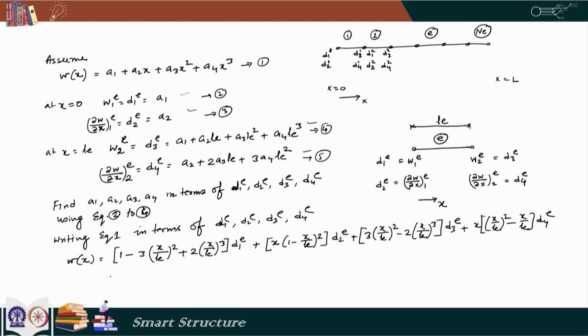Now, this quantity, we give a name to it, we denote this as n 1 of x, and this we denote as n 2 of x, and this entire quantity is denoted as n 3 of x, and this one we denote as n 4 of x.